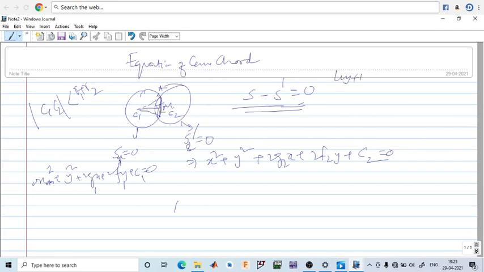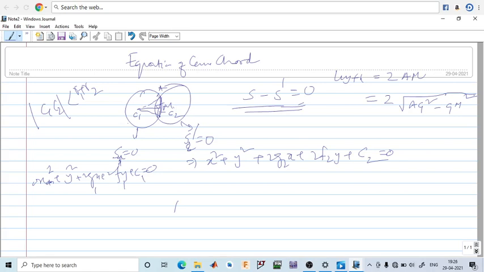What is AM? From the Pythagoras theorem we can write root over of AC1 square, which is the hypotenuse, minus C1M square.